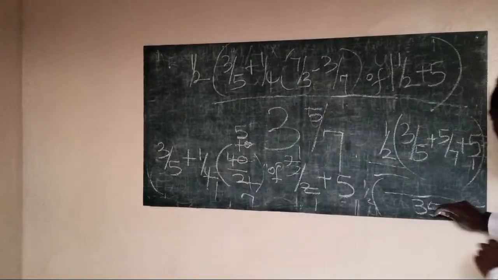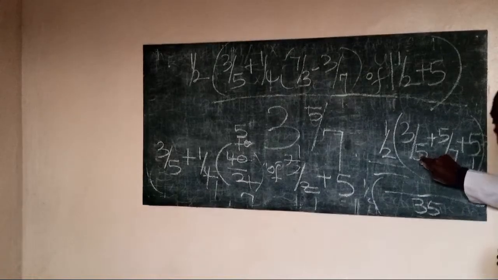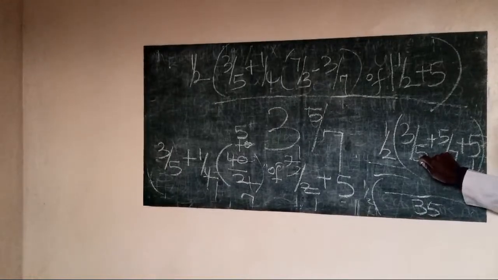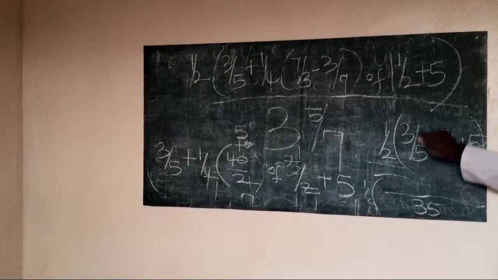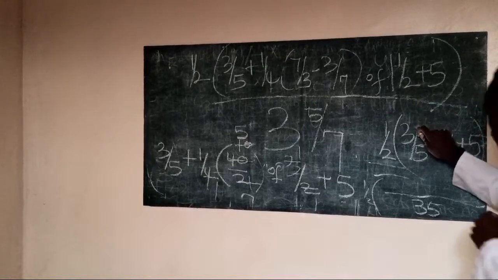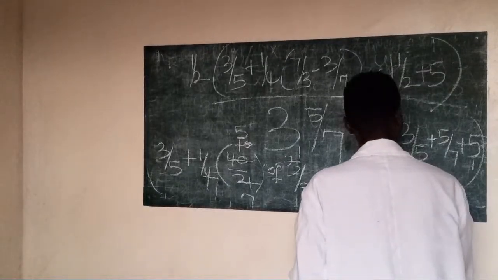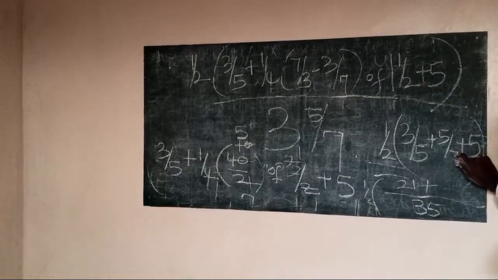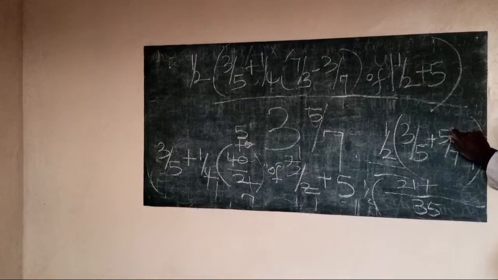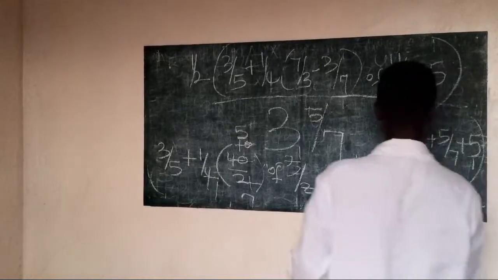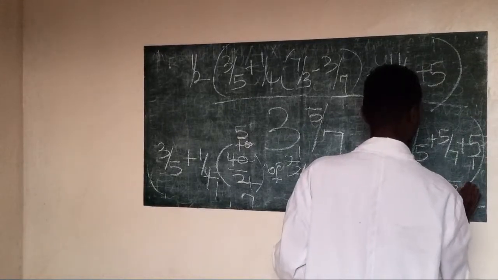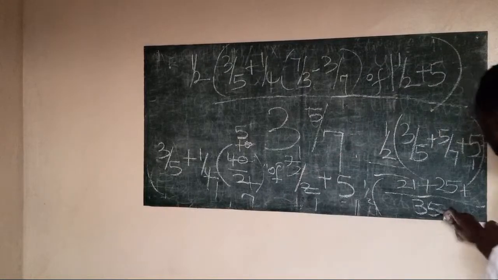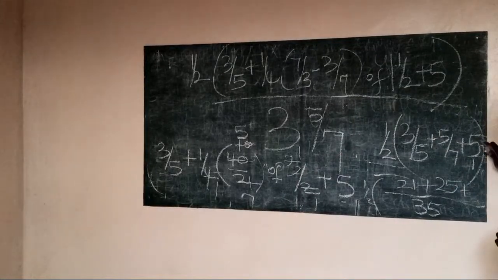Nikuja ni same 35 divided by 5 to give me 7 times 3 to give me 21. Then plus 35 divided by 7, 5 times 5, 35. Plus 35 divided by 1 times 5, 35 times 5 ni?